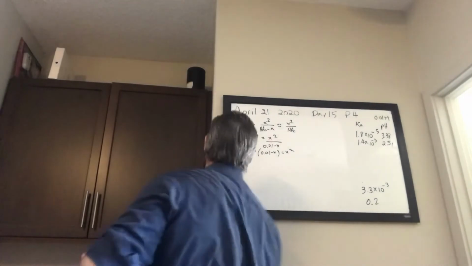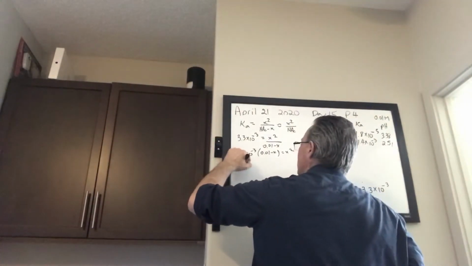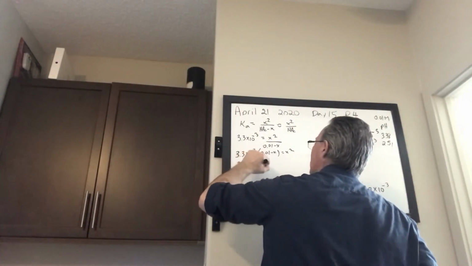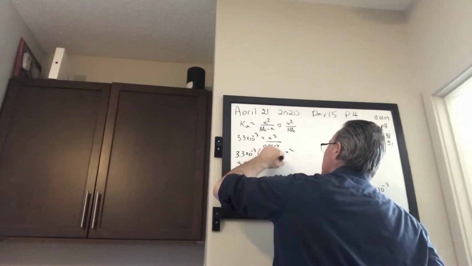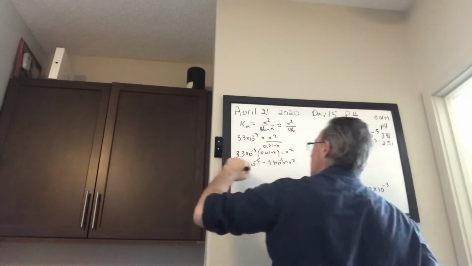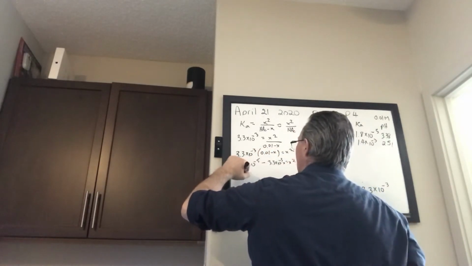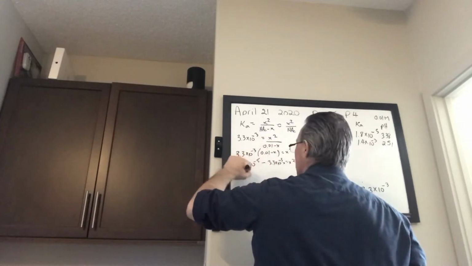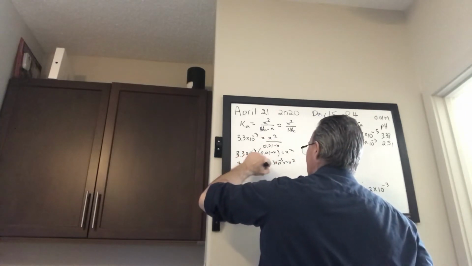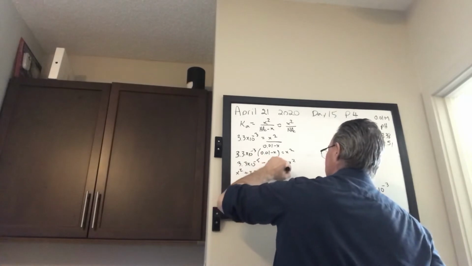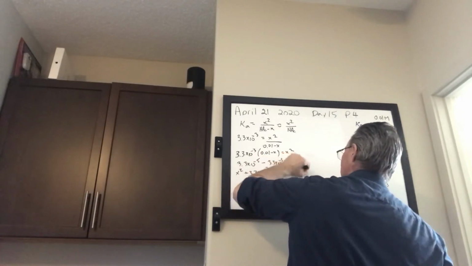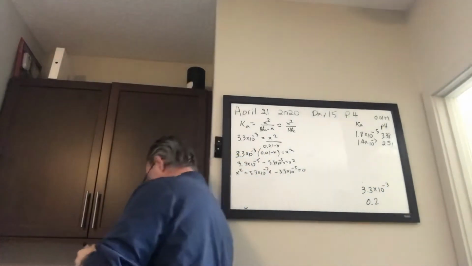So we go 3.3 times 10 to the negative 5 minus 3.3 times 10 to the negative 3 x equals x squared plus 3.3 times 10 to the negative 3 x minus 3.3 times 10 to the negative 5 equals 0. There's your trinomial for entering into the calculator.